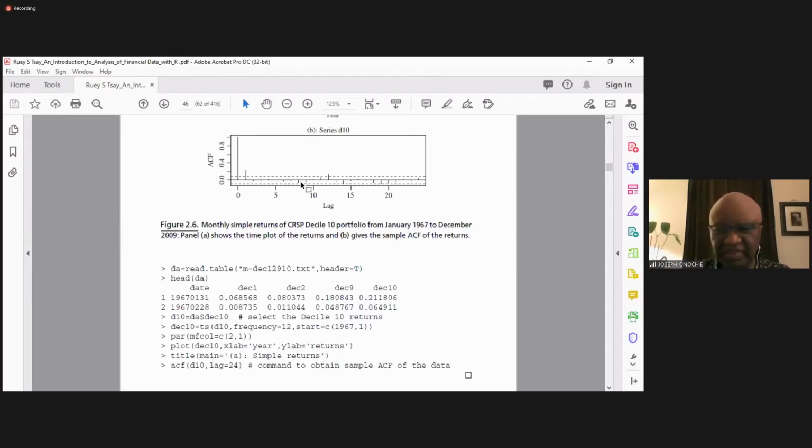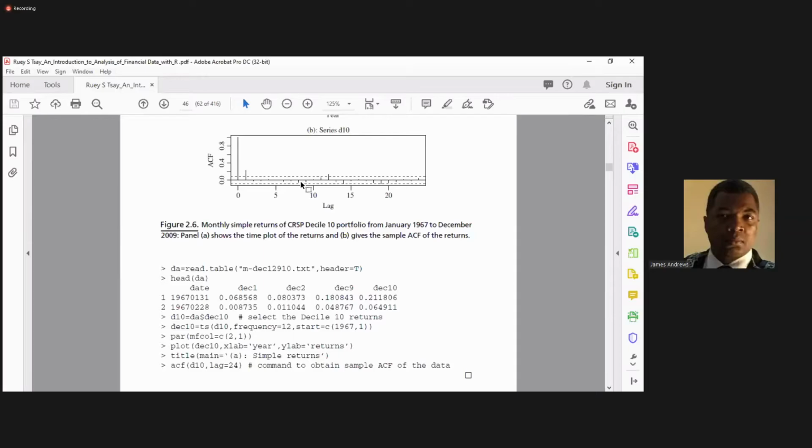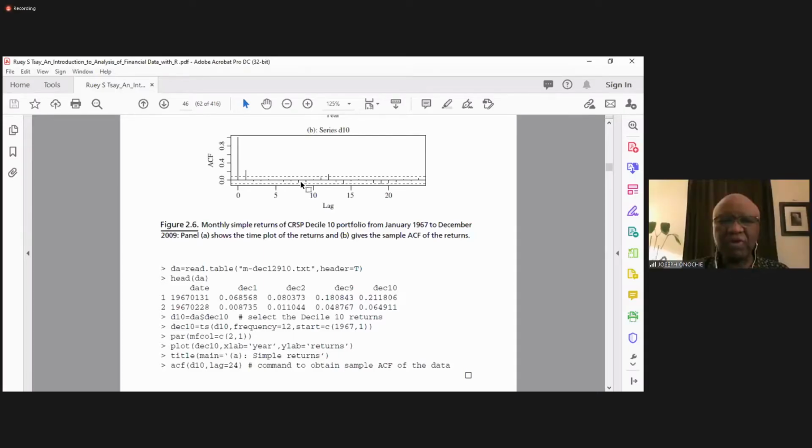Remember that from statistics, right? Yes. Okay, good. So exactly how do we build this interval for autocorrelations, these dashed lines? I will show you that in a minute.